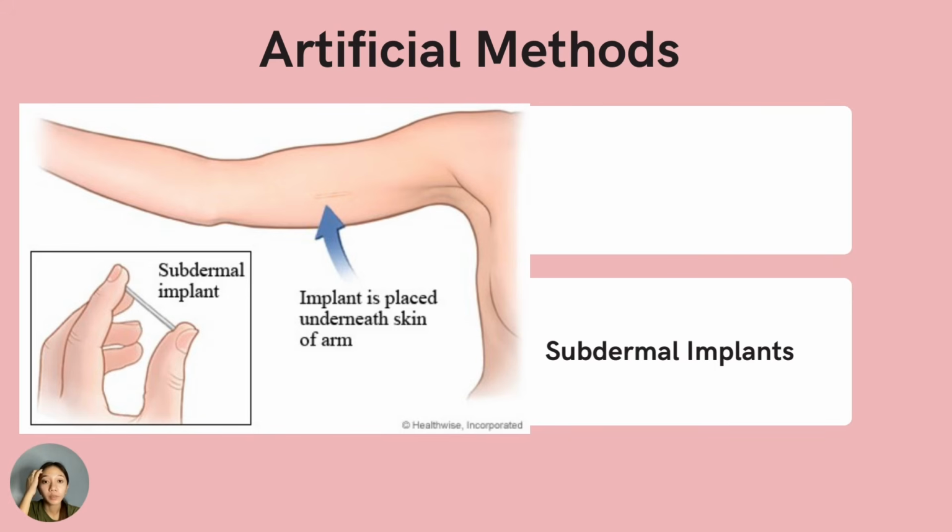So where do we place this? Here, on this part. You can see in the picture where the subdermal implants are placed. So, this implant contains etonogestrel, desogestrel, and progestin. So it is effective for 3 to 5 years. Subdermal implants have a fail rate of 1% only, so it is low.